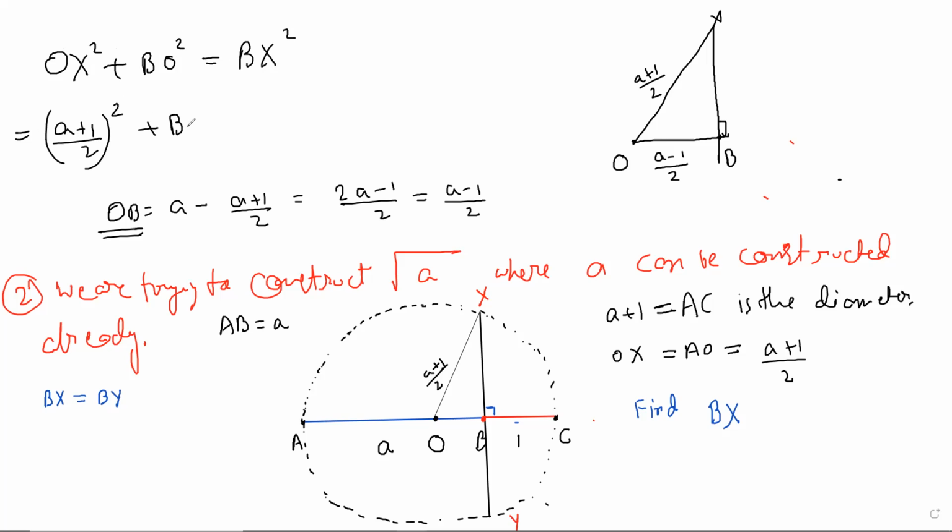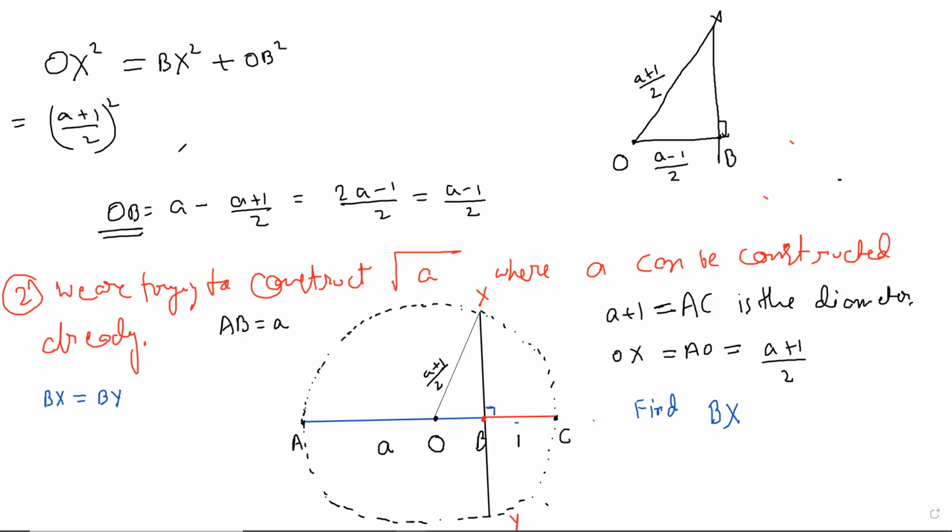This plus, no, it's wrong. We have to change everything. So OX square will be BX square plus OB square, right? And so now you can put the values and so on.